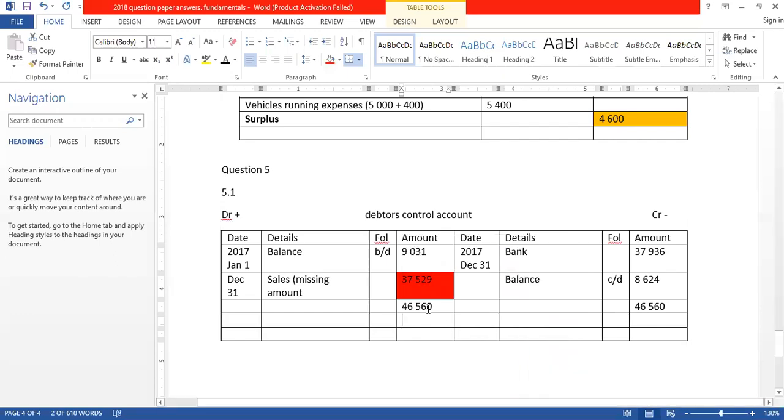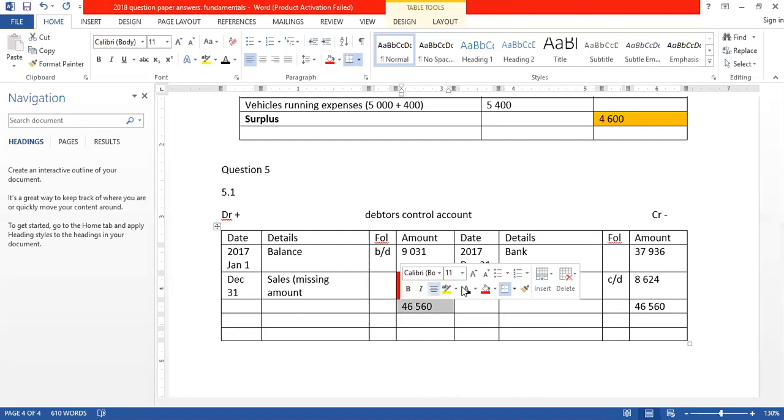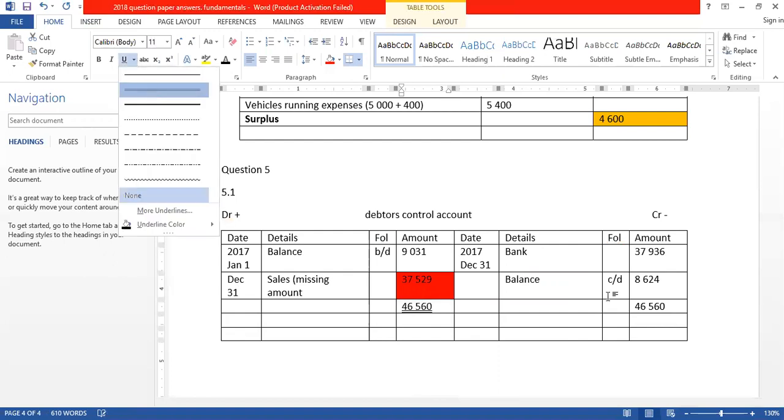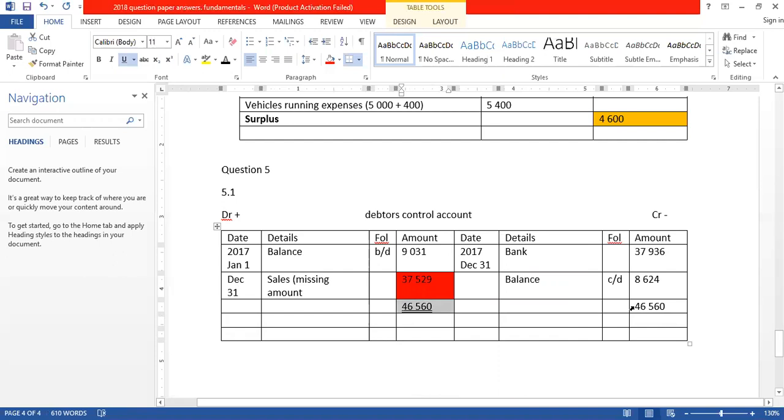Okay, so we move on. Make sure your balancing figure, which is now the 46,560, is always underlined in double lines to show that that is the final amount.